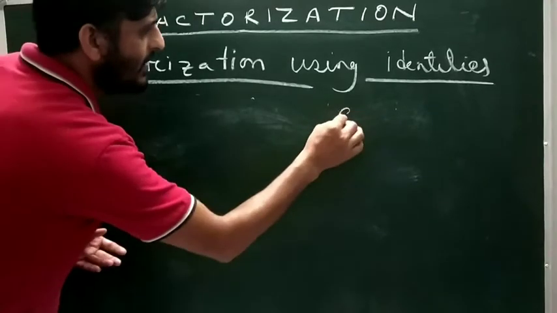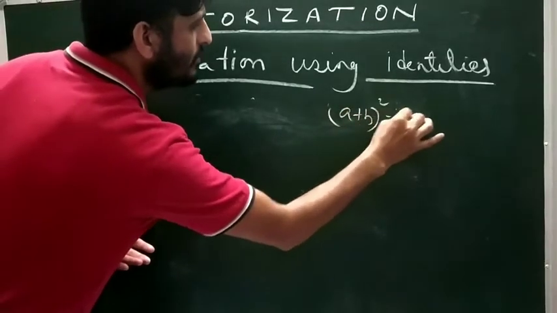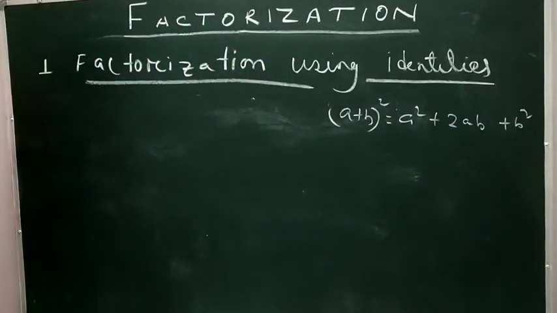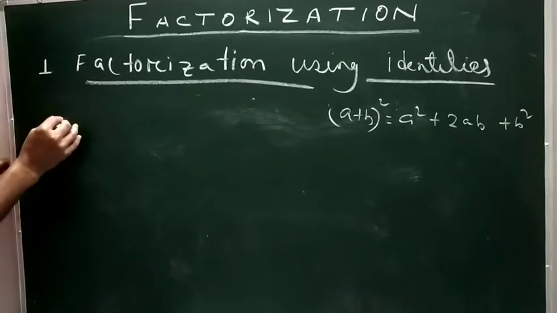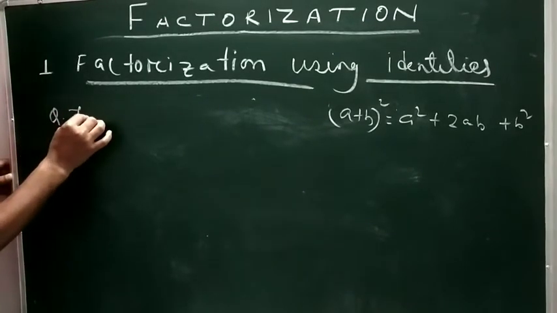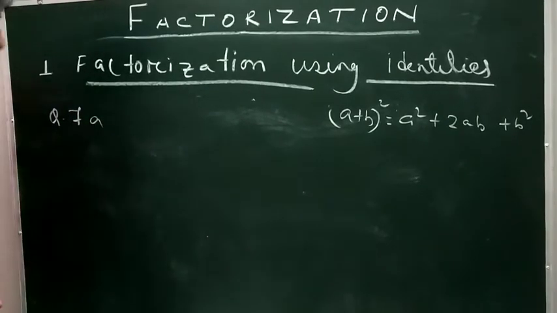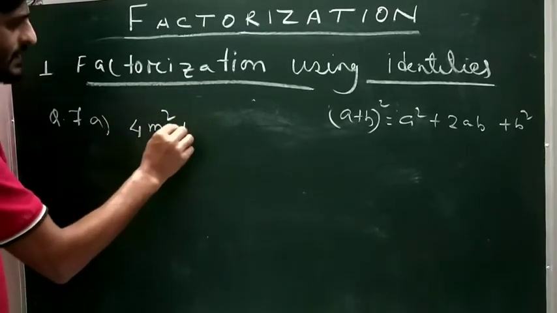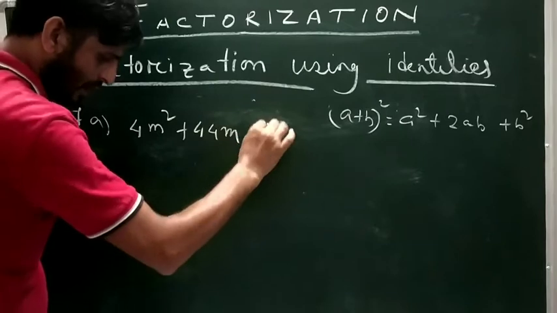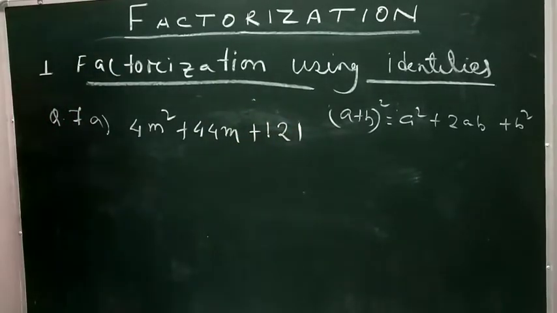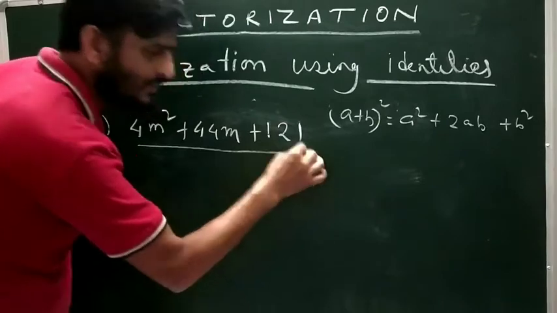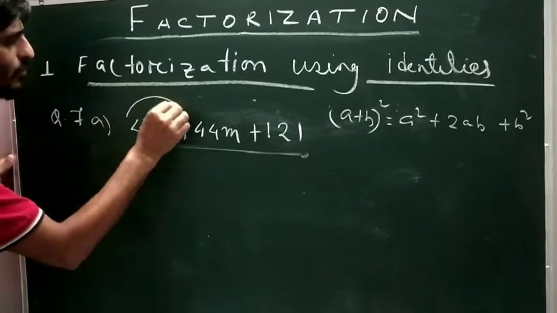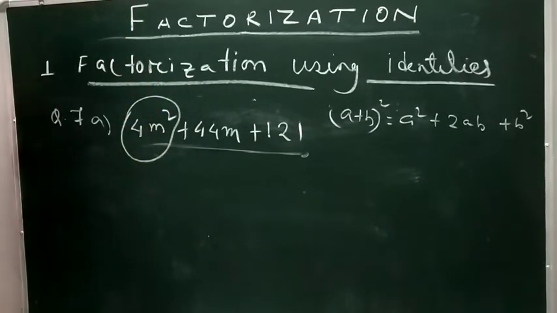That means (a + b) whole square is equal to a square plus twice ab plus b square. Let's see question number 7 of our exercise 5.4. We get a question like 4m square plus 44m plus 121. If we observe this algebraic expression, 4m square is a square number.